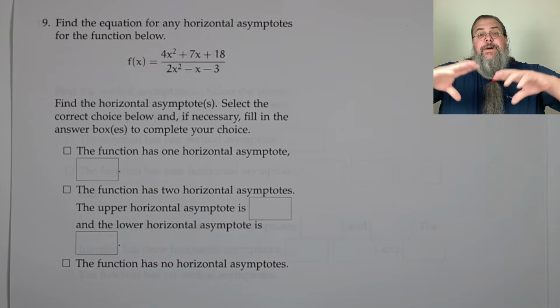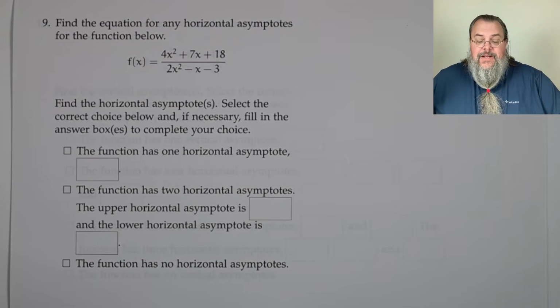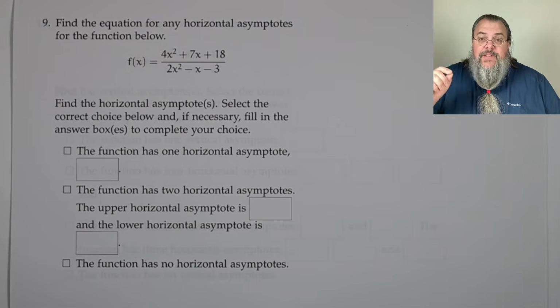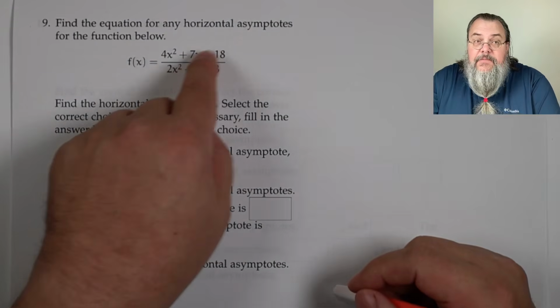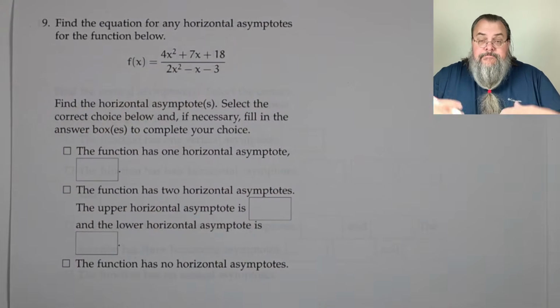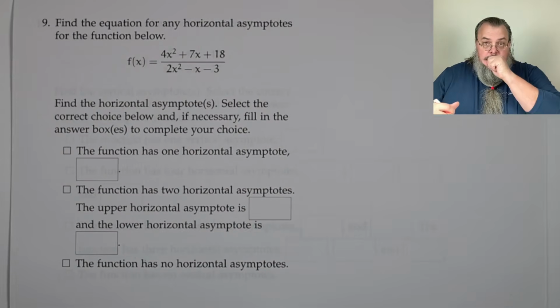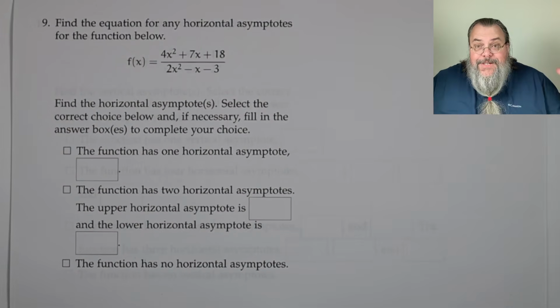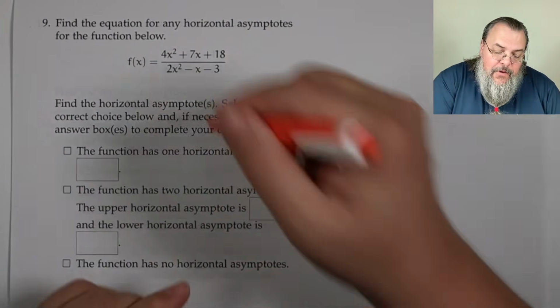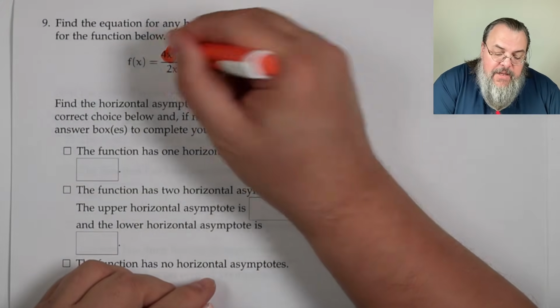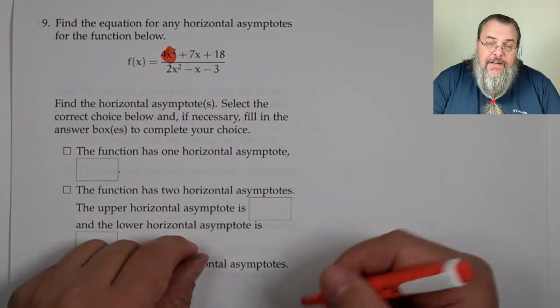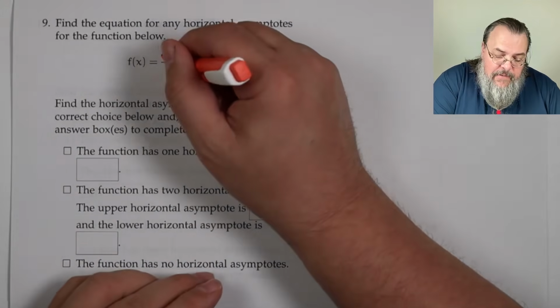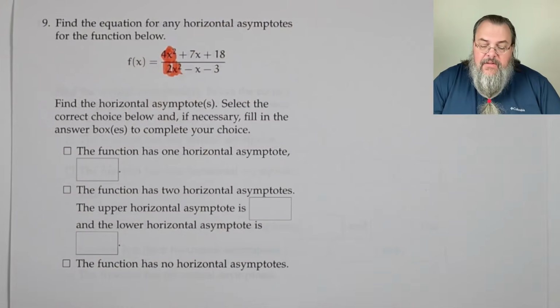You say, if I'm very big, look at the biggest pieces. In other words, you have the 4x squared plus the 7x plus 18. For very large numbers, the 4x squared, that's your biggest piece. Here you have 2x squared minus x minus 3. Again, for very large numbers, 2x squared is your biggest piece.